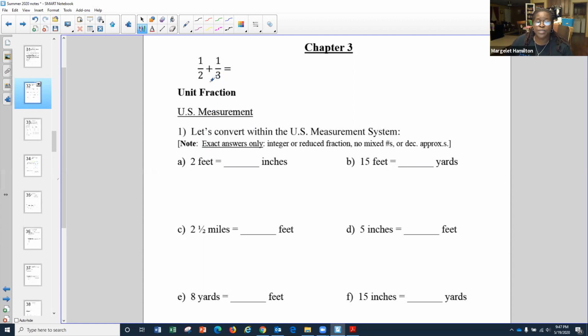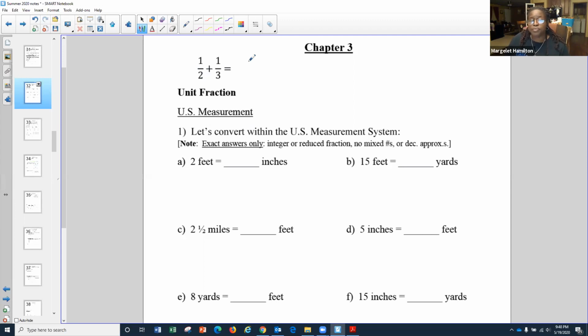In order to get our denominators to be 6, so that we can add these fractions successfully, we need to multiply each one of these fractions by a number that is going to make our denominator 6. But our rule says what we do to our denominator, we need to do to our numerator. So here we have a 2. In order to make it a 6, I need to multiply it by 3.